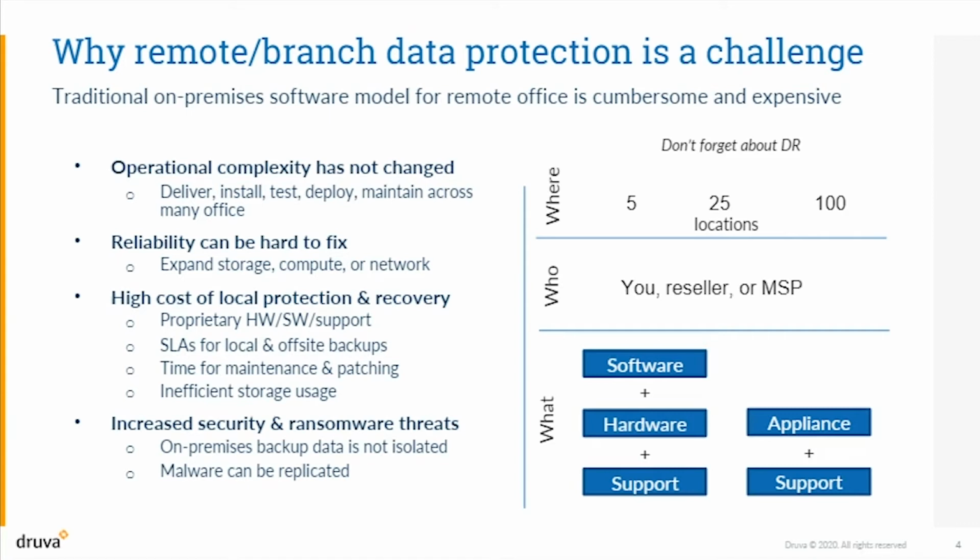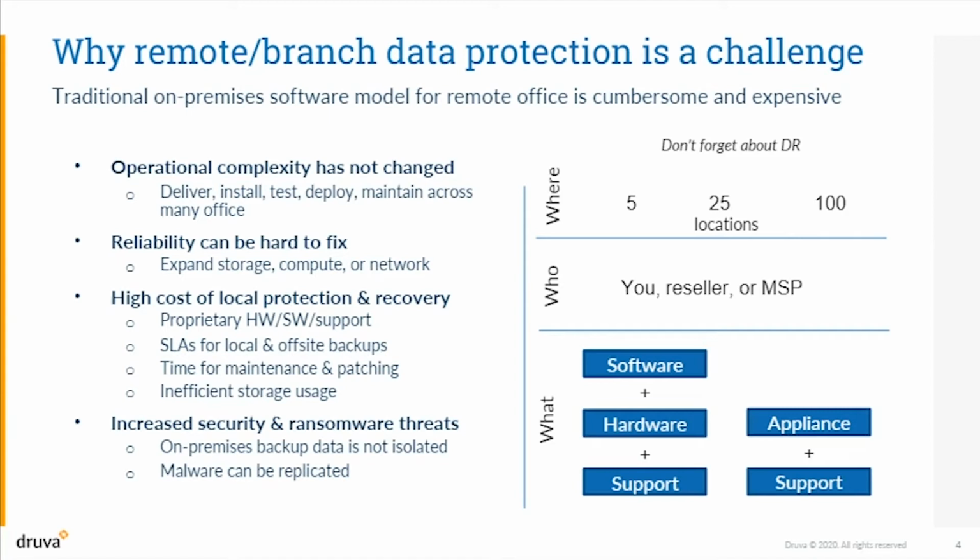And then the final element that we intend to talk a bit more about here is security and ransomware threats. As your data becomes more dispersed and lives in more locations, you need to ensure that you have the same level of security around all those systems. Traditionally, some companies have had difficulty getting the data that's on premises off that premise, if you will.